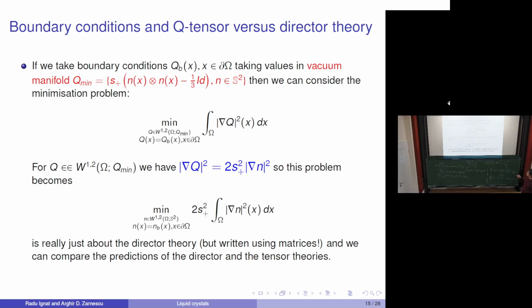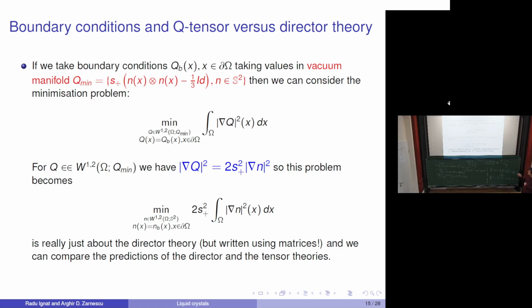And it turns out that if you use this representation of Q-min in terms of unit length vectors, you can write the gradient of Q squared as 2 times (s plus) squared times the gradient of n squared. This is a calculation at the end of the day. So this reduces essentially to this minimization problem.